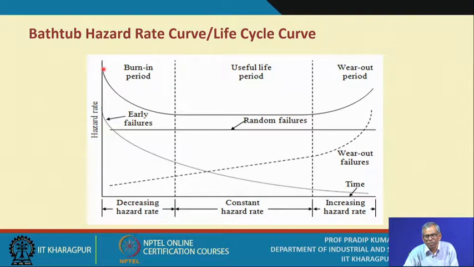Is it okay? Initially you never know: you have designed the product, you have started using it after its manufacture, and then in real conditions, you start working. When it starts working in a real environment, the performance of the product may not be that predictable.